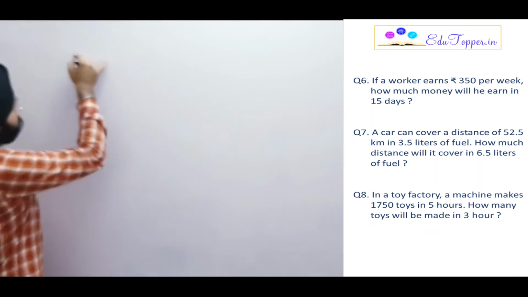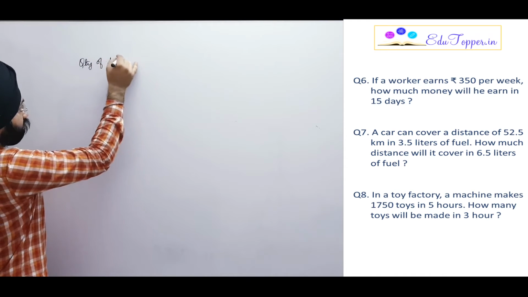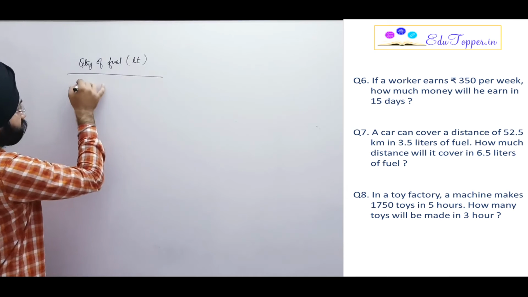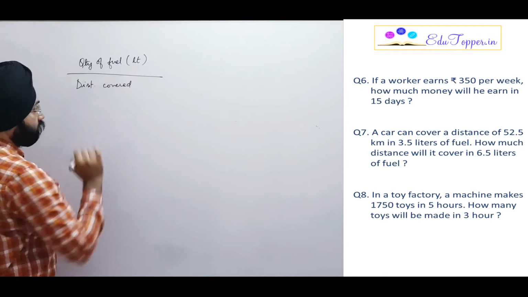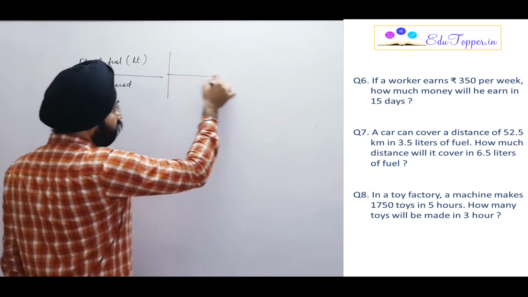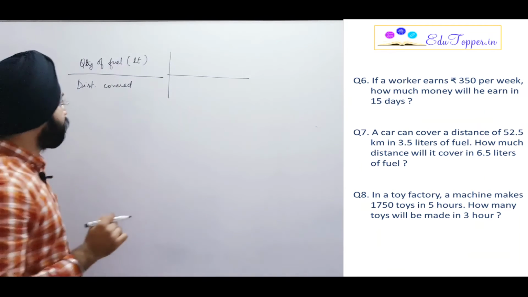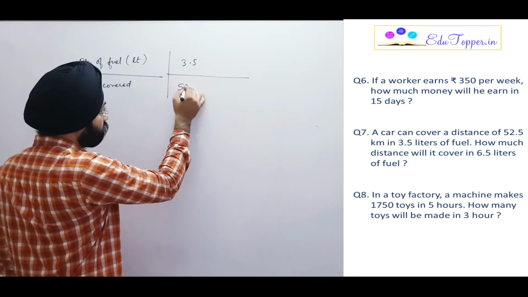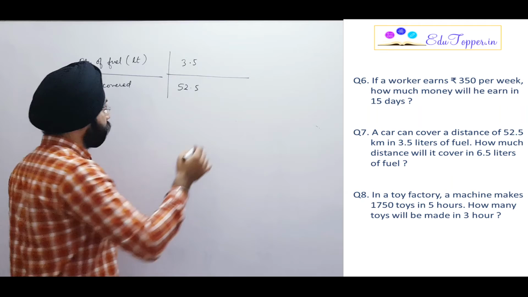Quantity of fuel, in liters and the distance covered. So when the quantity of fuel, the question says that when the quantity of fuel is 3.5 liters, the distance covered is 52.5 kilometers, right?